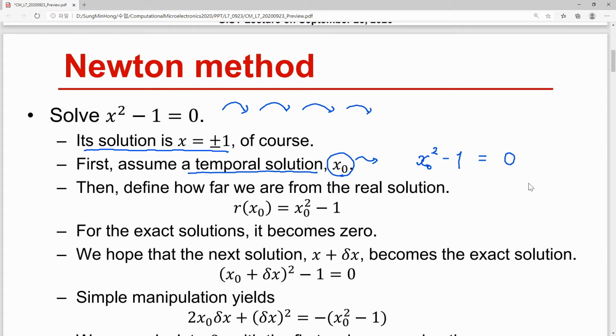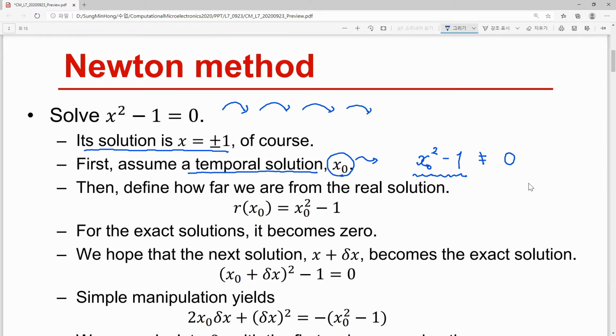But unfortunately, in the case of any guess, if it is not perfect, then you will get non-zero values when you evaluate the left-hand side of your equation.